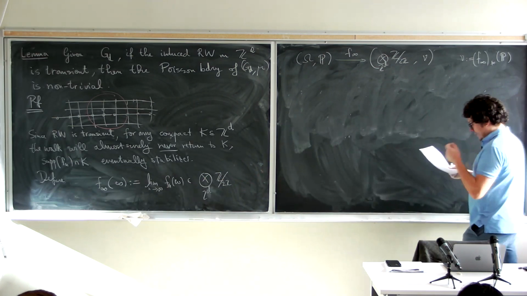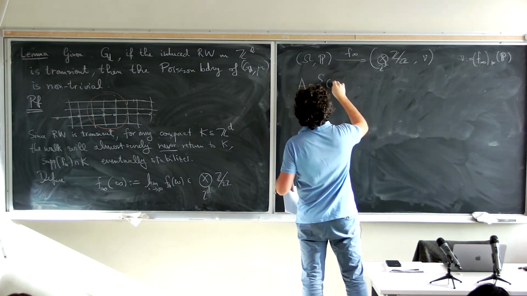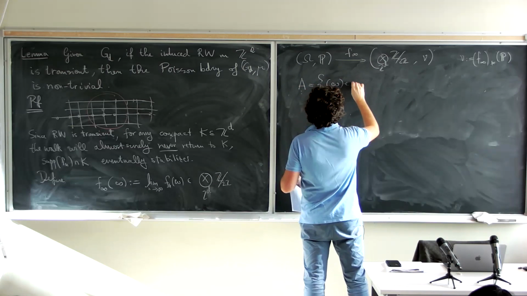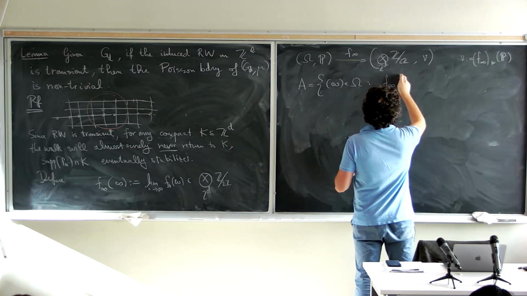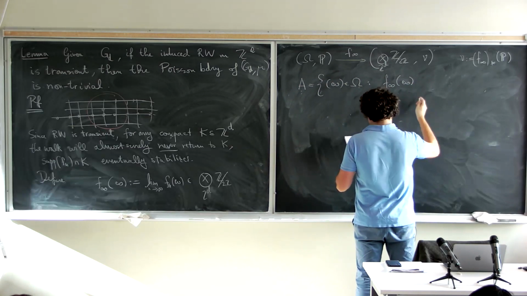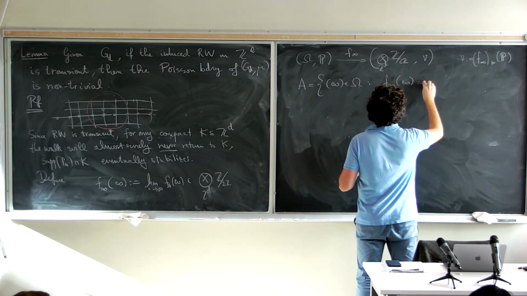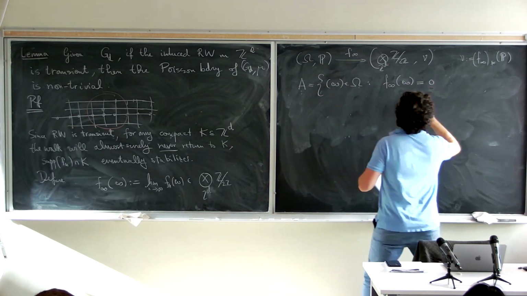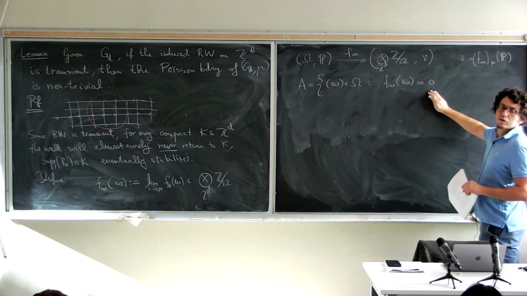So the event A, which is all the omegas such that F infinity of omega is, for instance, 0, whatever given configuration of lights you prefer, for instance they're all off.